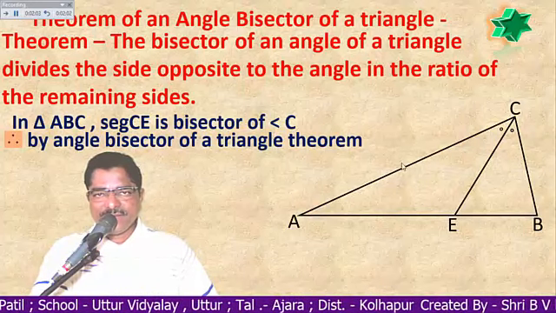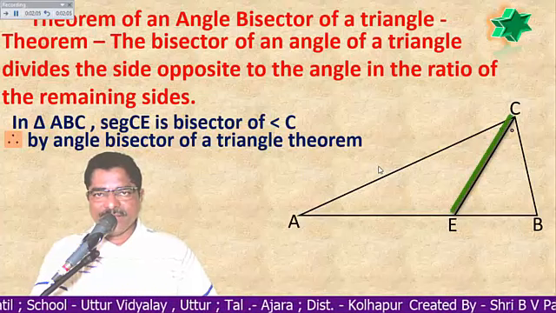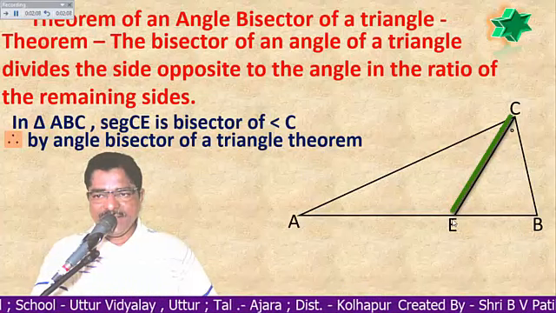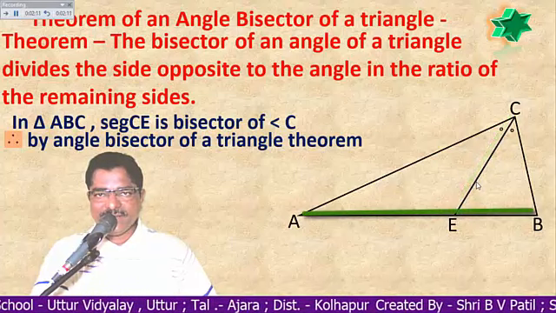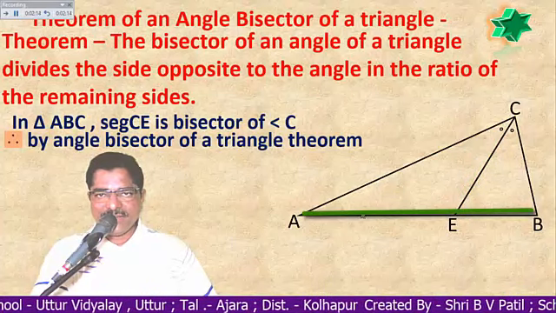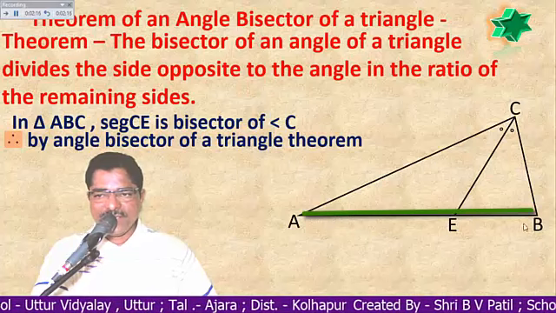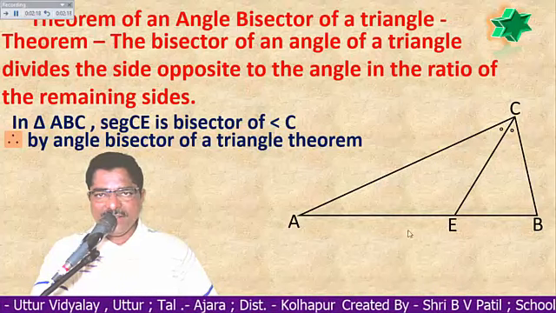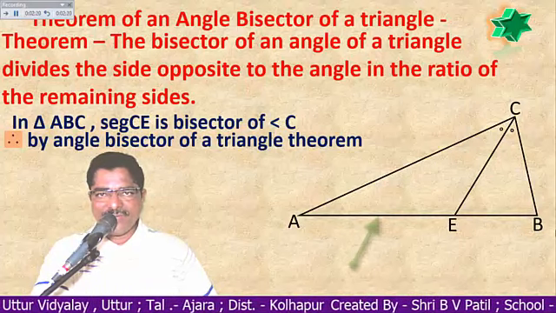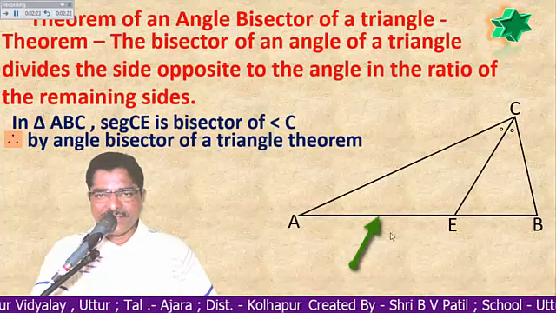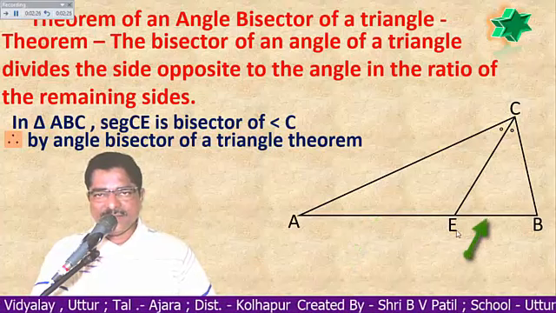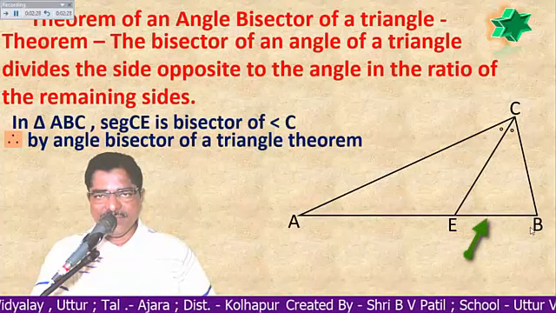The bisector is CE. That bisector divides which side? That bisector divides side AB. The parts of AB: the first part is AE and the second part is EB.